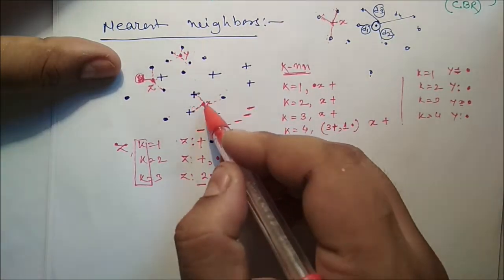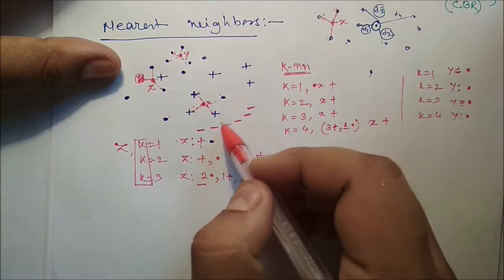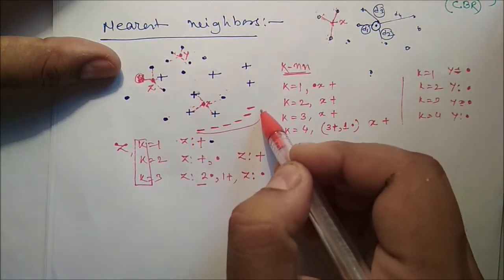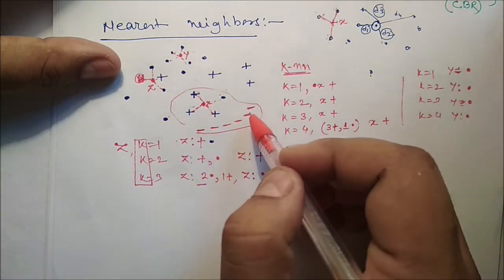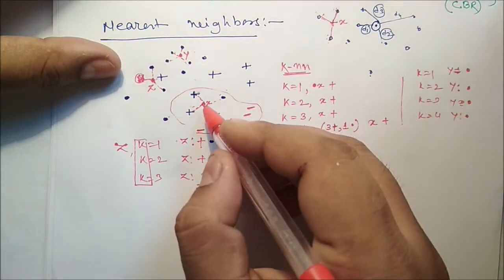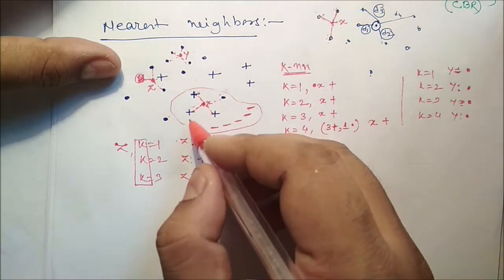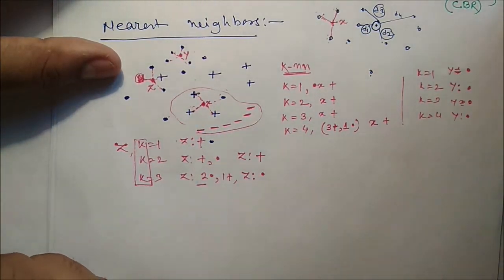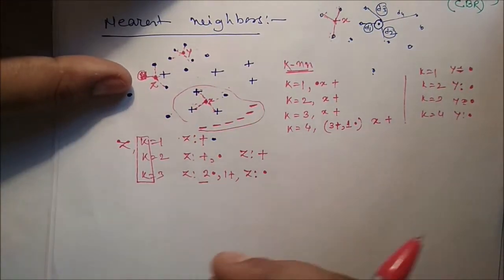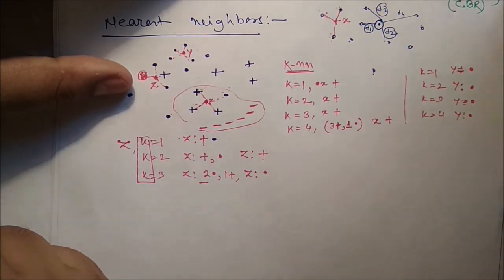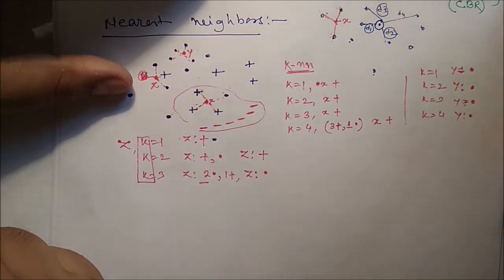If you increase the k value, it will accommodate these also. So the class level of x will be minus, but practically it should be similar to the plus or the dot. We can select the k value experimentally. You can determine the k value experimentally.